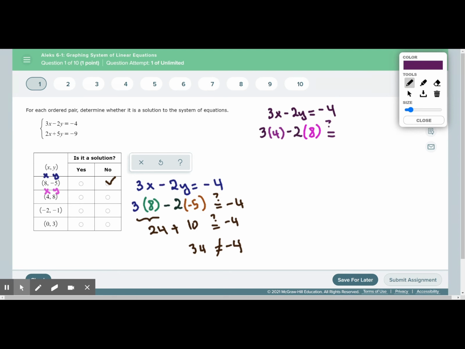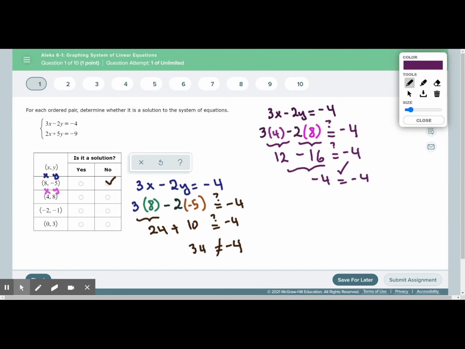Is this going to be equal to -4? So 3 times 4 is 12 minus 2 times 8, which is 16. Is that equal to -4? 12 minus 16 is -4, equal to -4.